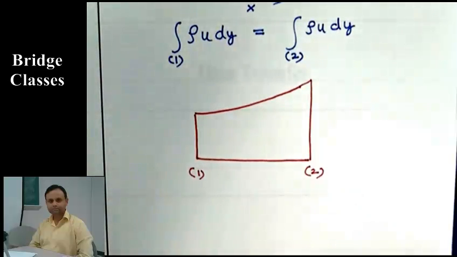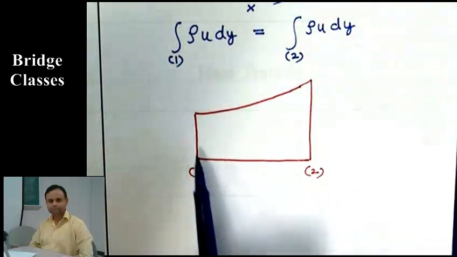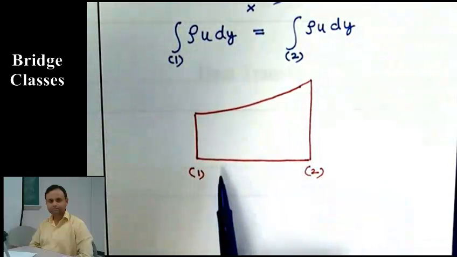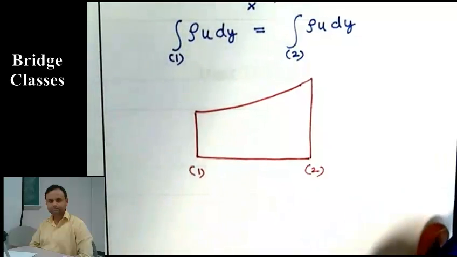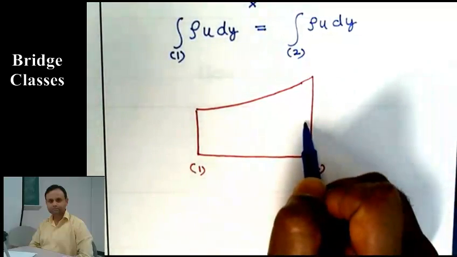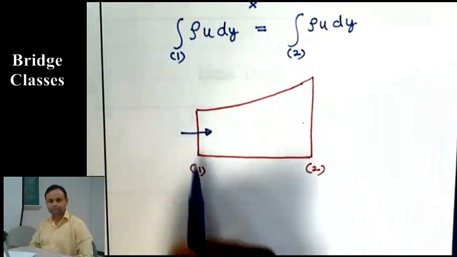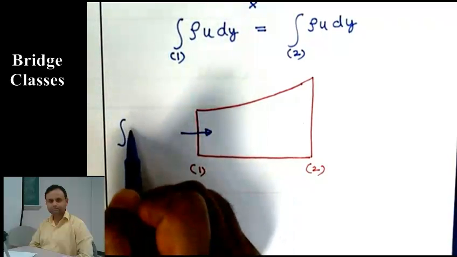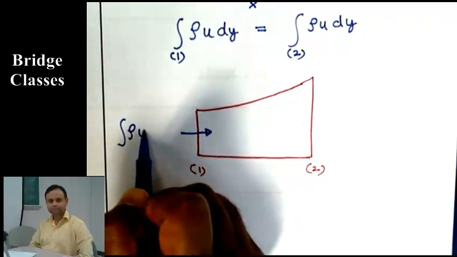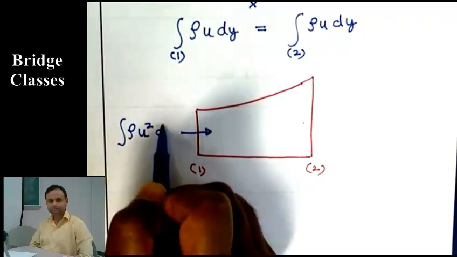Now, you remember from Reynolds transport theorem from fluid mechanics, we get a momentum equation that is applicable for a control volume. So what will be the momentum in here? From the left face, that will be integral of rho u square dy.